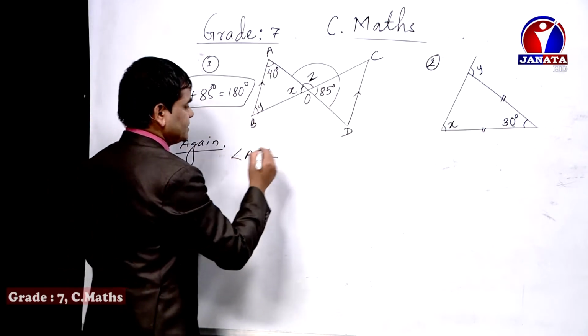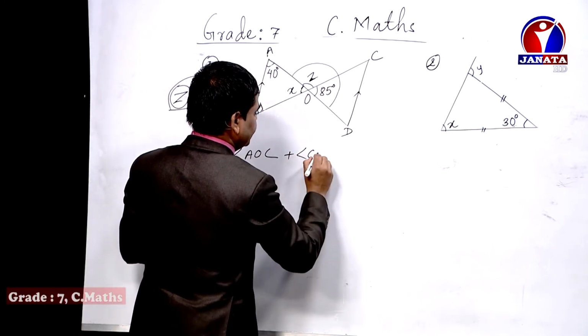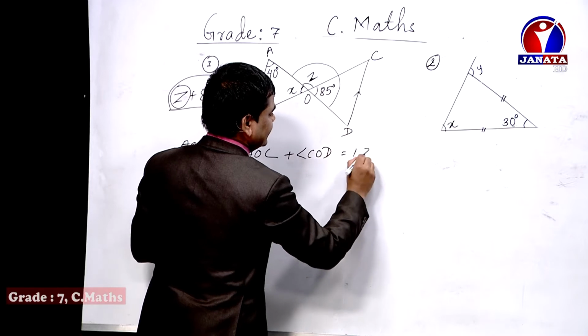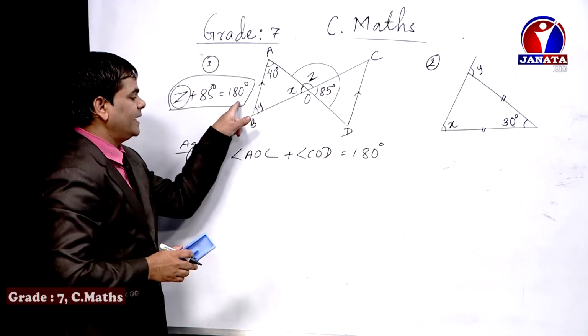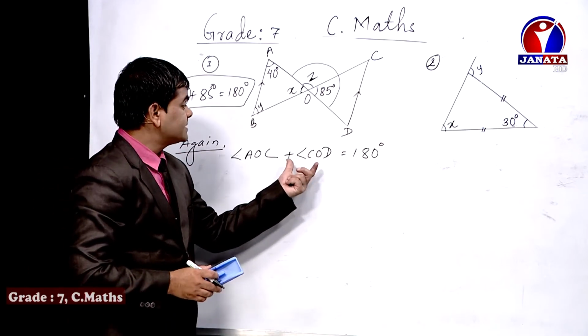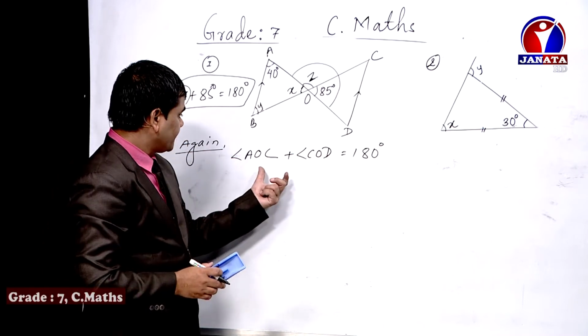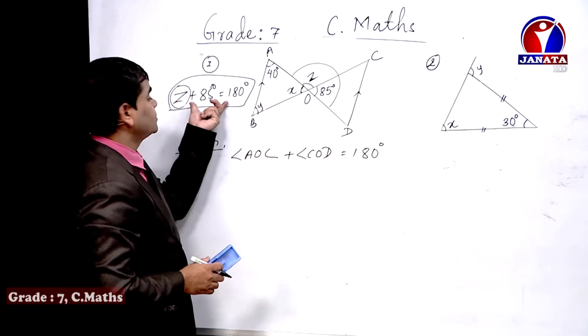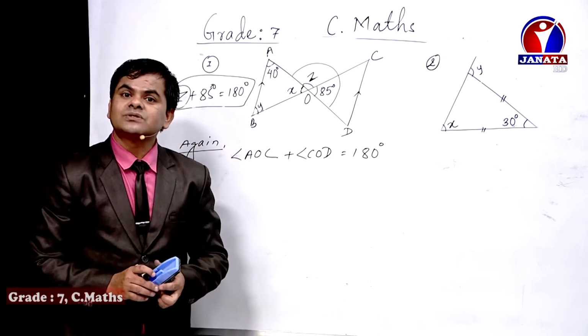So angle AOC plus angle COD equals 180 degrees. If you write in this way rather than the other way, the teachers or the persons who check your copies feel happy, and it is mannerful in comparison to this one. So try to write those angles in this triple letter form.